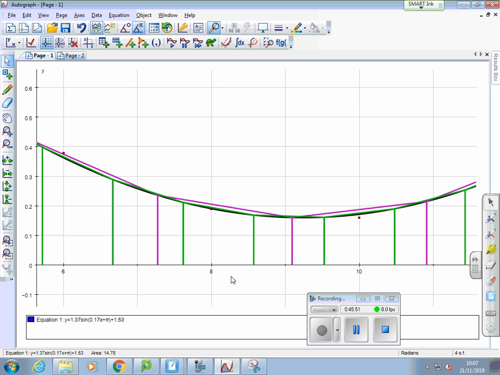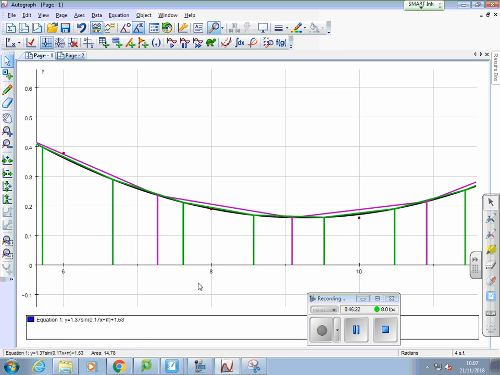Now there'll come a point where adding more data points doesn't make a difference to the result you get for significant figures, because that's what this software has given me as an answer down here, to 4 significant figures. So if I add more data points and that result doesn't change, there's little point in me adding more and more data points.